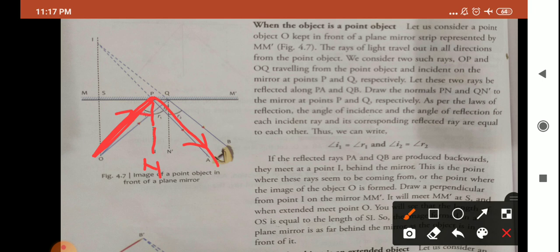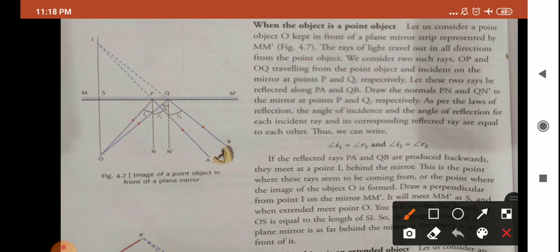Now suppose here the angle of incidence is I1. So this ray will reflect with the same angle, that is the angle of reflection. It means that whatever the angle of incidence I1, the same will be the angle of reflection.